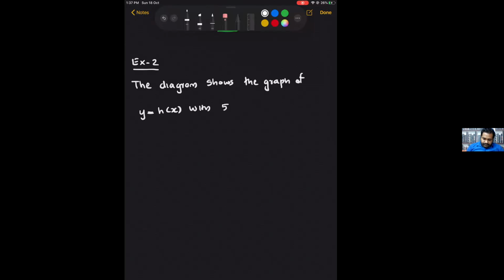Now we move to another set of example. Okay, so in this question, example 2, they provided you a graph. The diagram shows the graph of y is equal to h of x with the 5 points labeled.